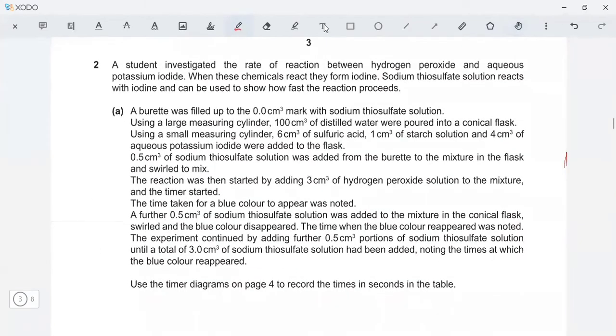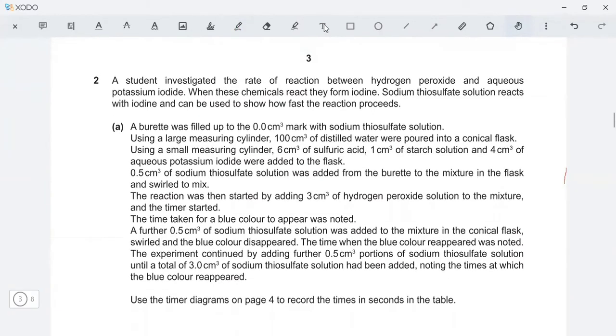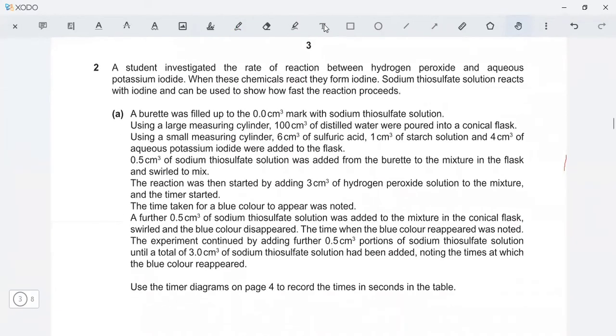Okay, now question number 2, it's also very simple. Investigation question. A student investigated the rate of reaction between hydrogen peroxide and aqueous potassium iodide. When the chemicals react, they form iodine. Sodium thiosulfate solution reacts with iodine and can be used to show how fast the reaction proceeds.